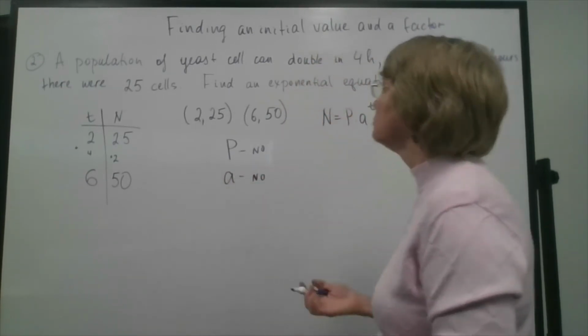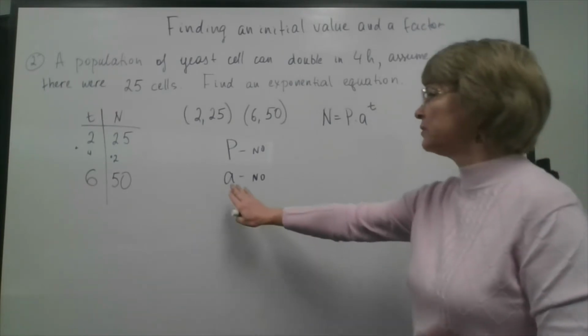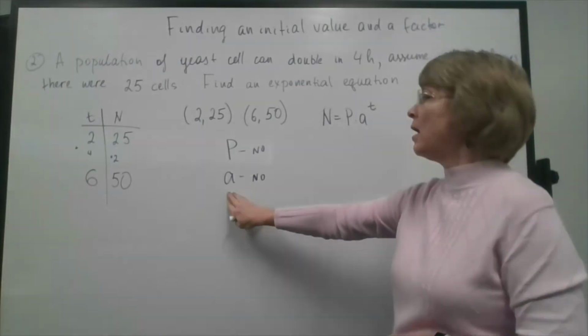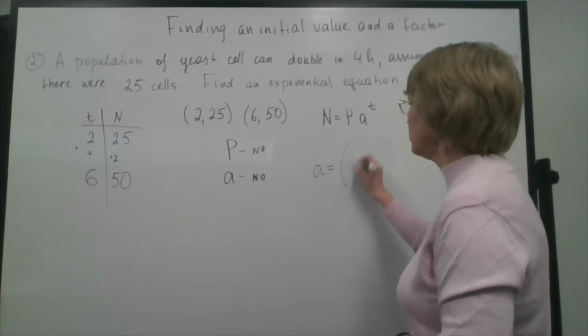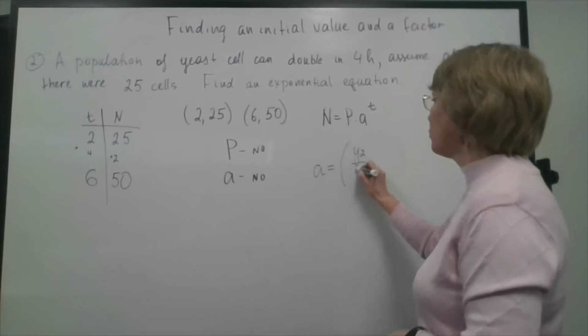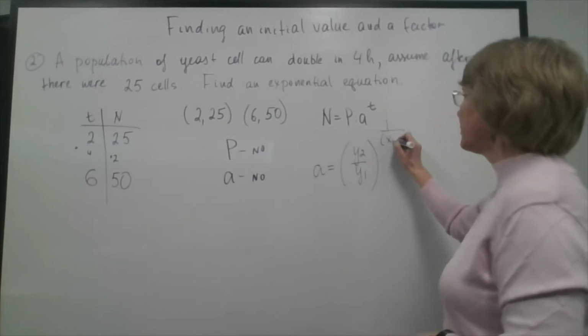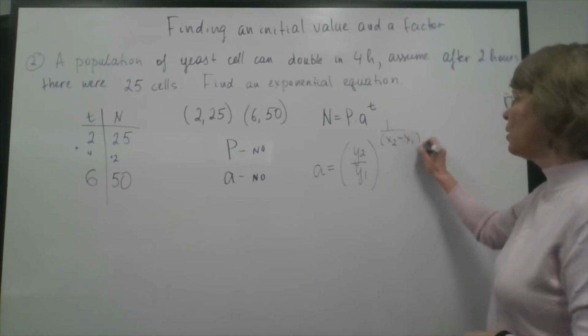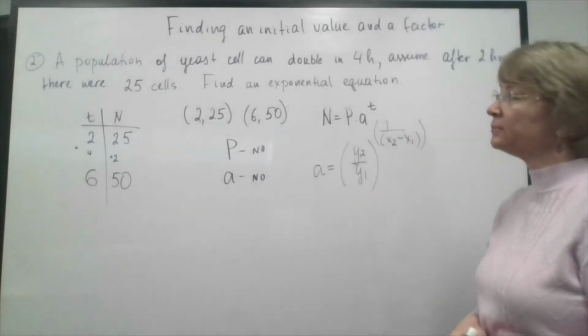No, we don't know. It's not given to us. But you always have to start with finding A first. And you have to use the formula A equal to y2 over y1 to the power 1 over x2 minus x1, and pay attention to all the parentheses, please.